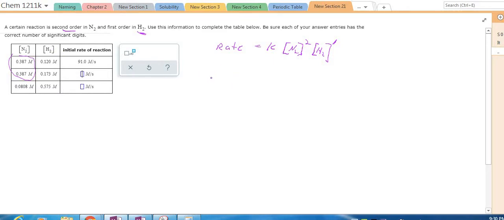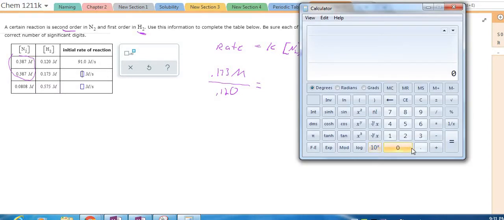We can take 0.173 molar, and to get the magnitude of the change, divide that by 0.120.